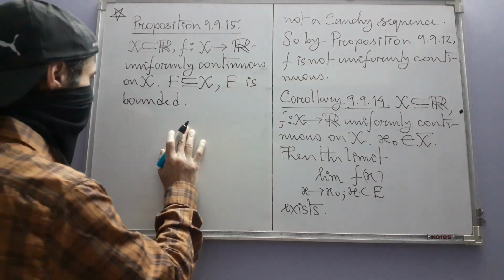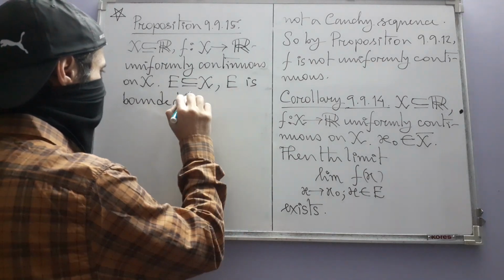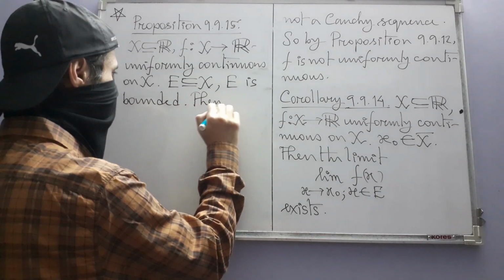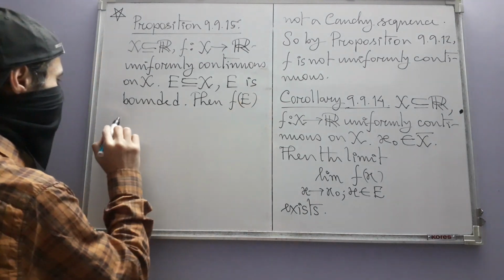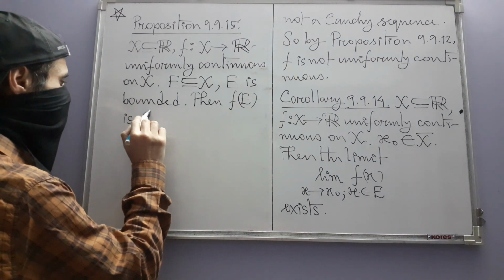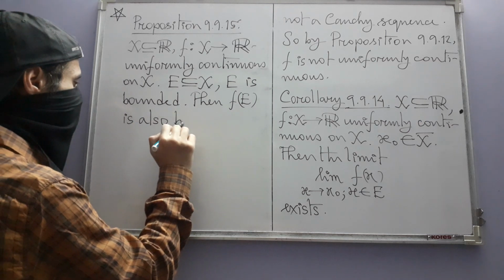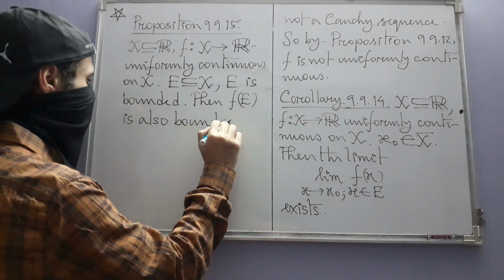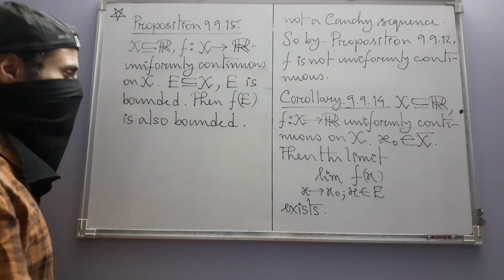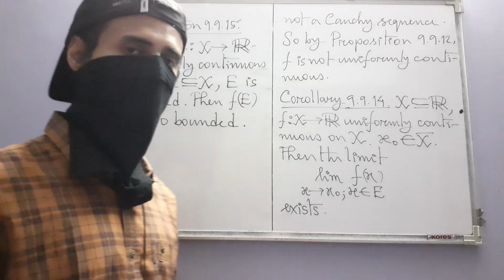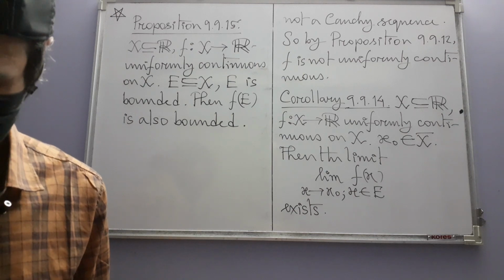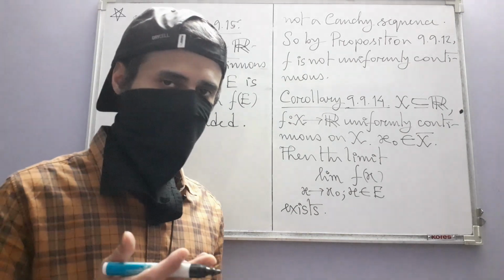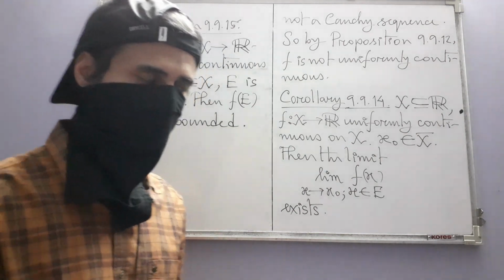Then the F image of E is also bounded. Uniformly continuous functions preserve boundedness of sets. And this also we are going to prove in one of the exercises.